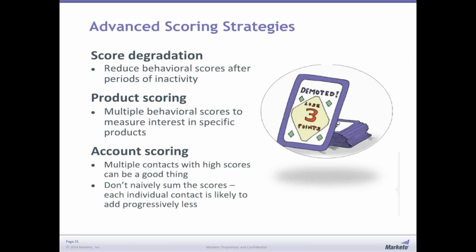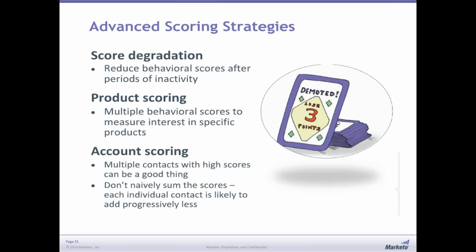Score degradation. Score degradation is when you see somebody came to your website 2 years ago, and after that there has been no activity. And probably that person came to your website and had a really good score.